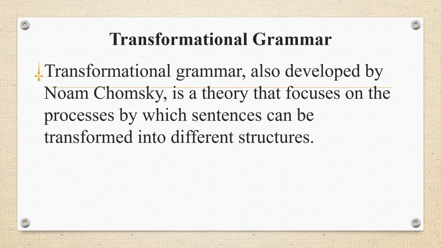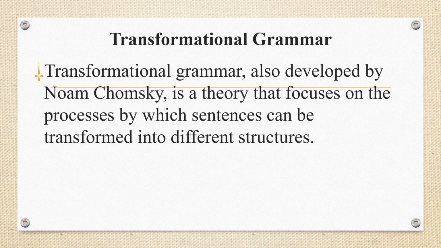Transformational grammar is a key concept in linguistics, and posits that sentences have a deep structure and a surface structure with transformations connecting them. So with a transformation, we can convert a deep structure into a surface structure. Here are some examples.